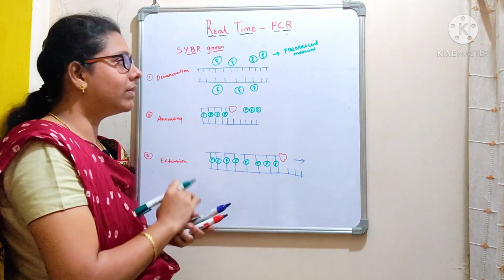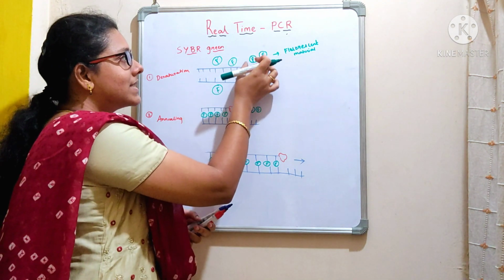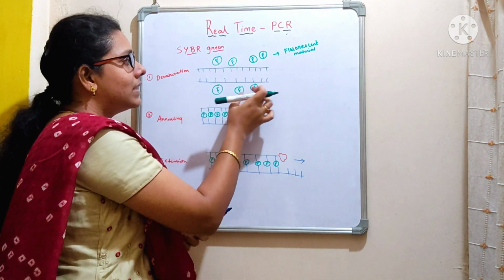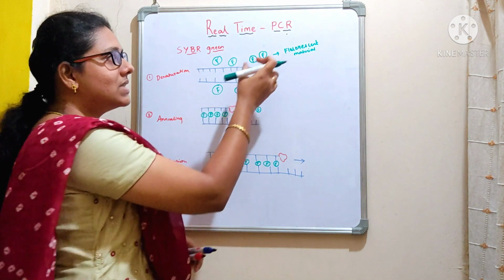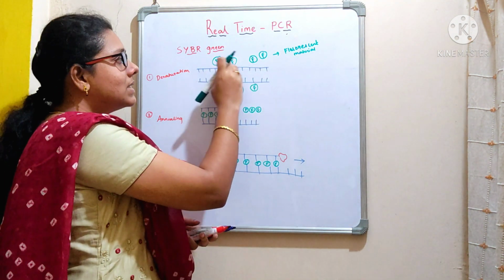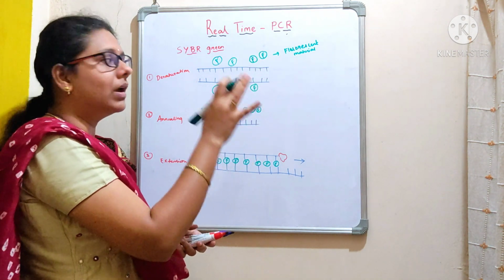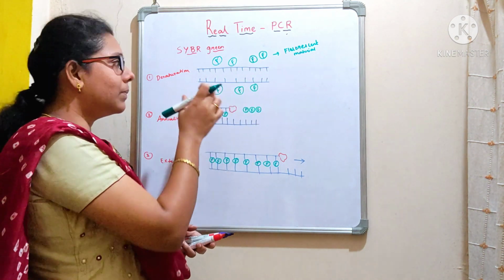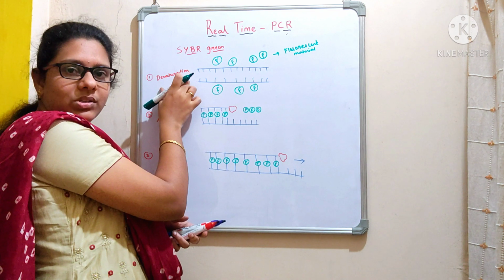So here if you look at the picture, these are the scattered fluorescent dye molecules. This green indicates the fluorescent material, and this is the double stranded DNA. In PCR, what will be the first step? The first step is denaturation, right?